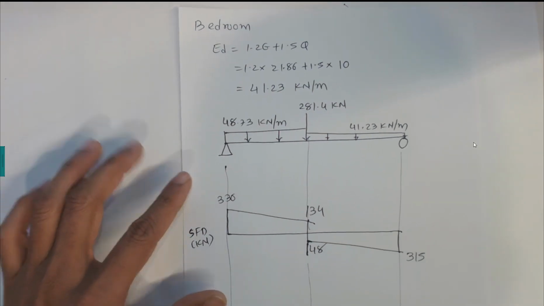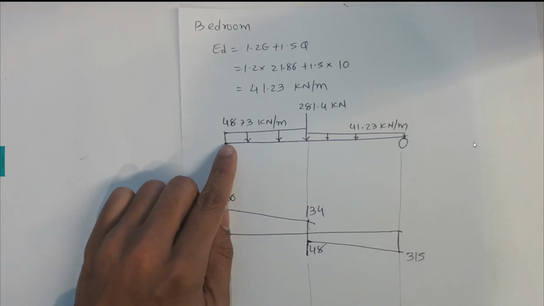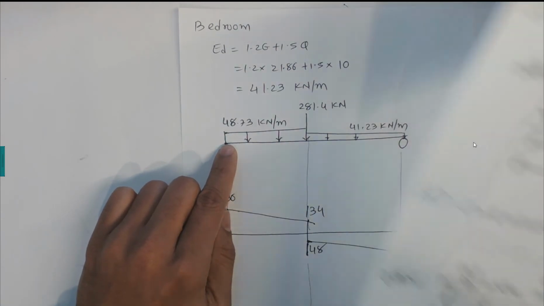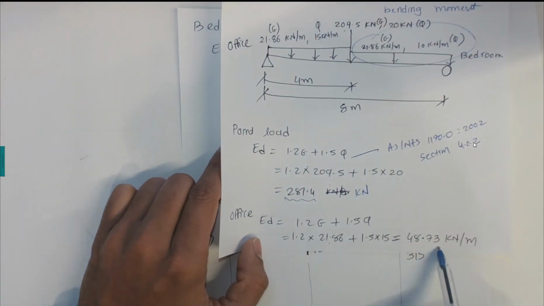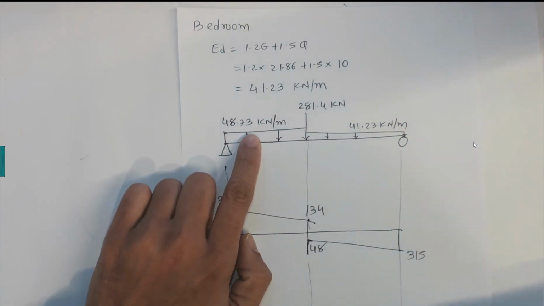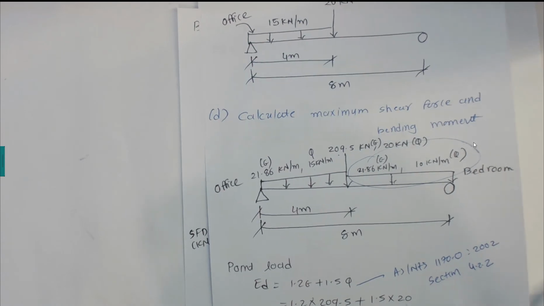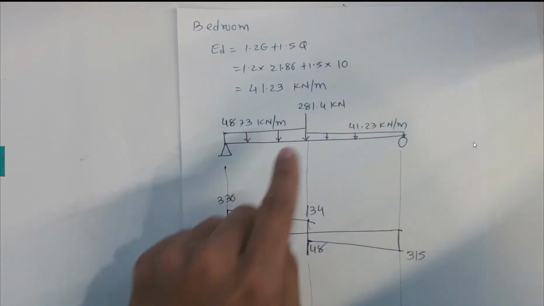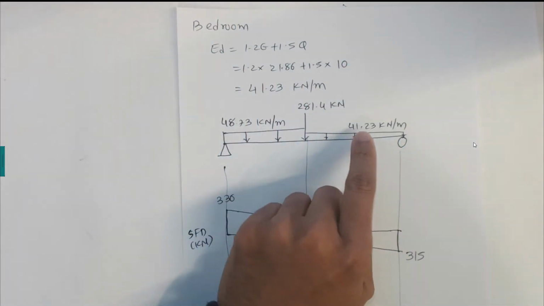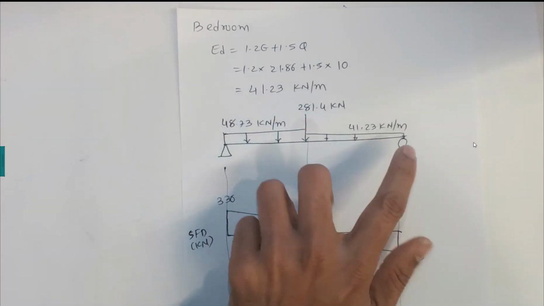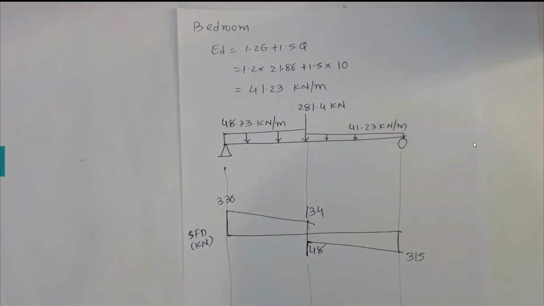Now if I draw one combined diagram, we have 48.73 for the office, 281.4 that we calculated here, and 41.23 coming from here. So we have a combined dead load and live load in this case.